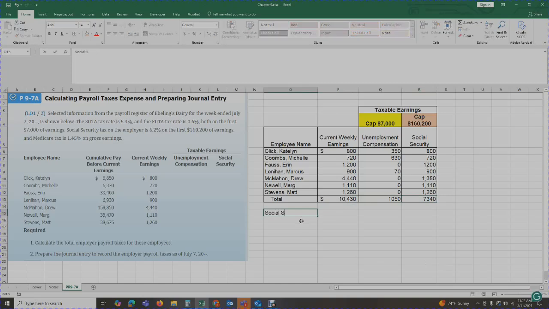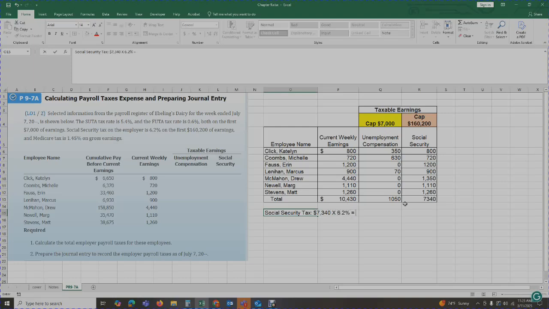Let's do our Social Security tax first. For our Social Security tax, we're going to pick up our Social Security taxable earnings, which is the $7,340. We're going to pick up the total from here, and my Social Security rate is 6.2%.